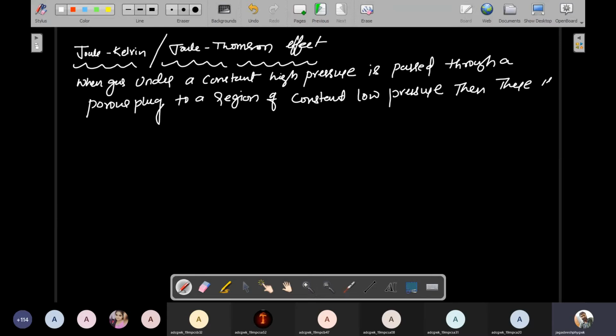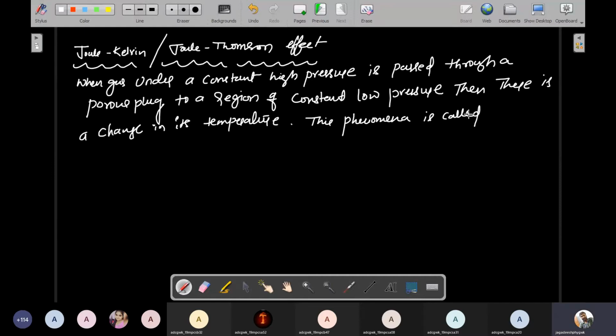This phenomenon is called the Joule-Kelvin or Joule-Thomson effect. So this is the exact definition of the Joule-Kelvin effect.